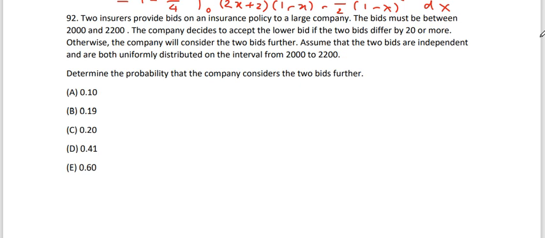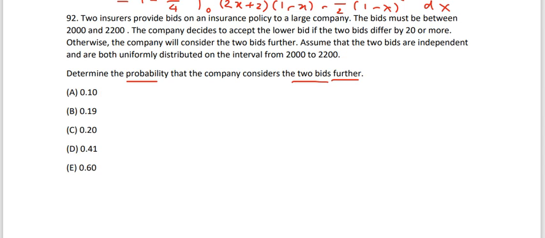Okay. So problem number 2, it says we want to find the probability that the company will consider the 2 bids further. So we need to check when they will consider them further.